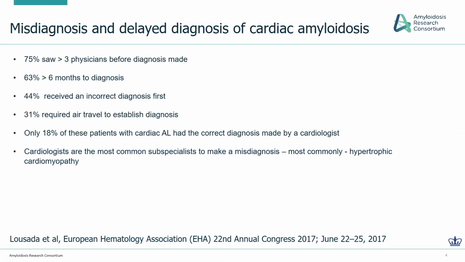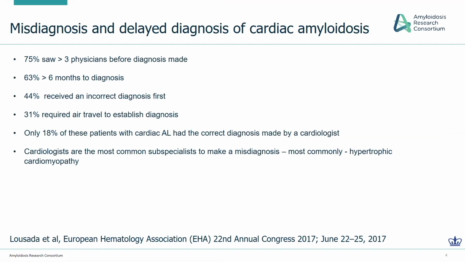So, as background, unfortunately, misdiagnosis and delayed diagnosis of cardiac amyloidosis is commonplace, not a rarity. As these data highlight, presented by Isabel Lusada at the Amyloidosis Research Consortium, of patients who are diagnosed with cardiac amyloidosis, about 75% had to see, unfortunately, 3 physicians before a diagnosis was made.